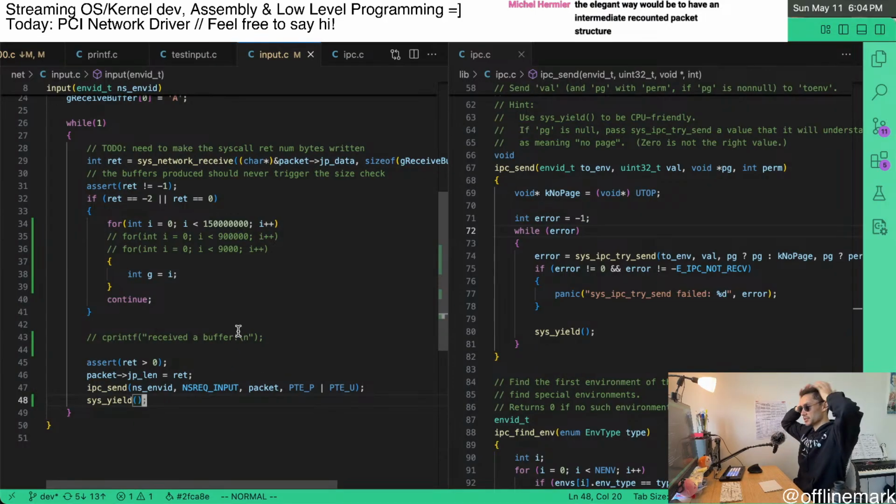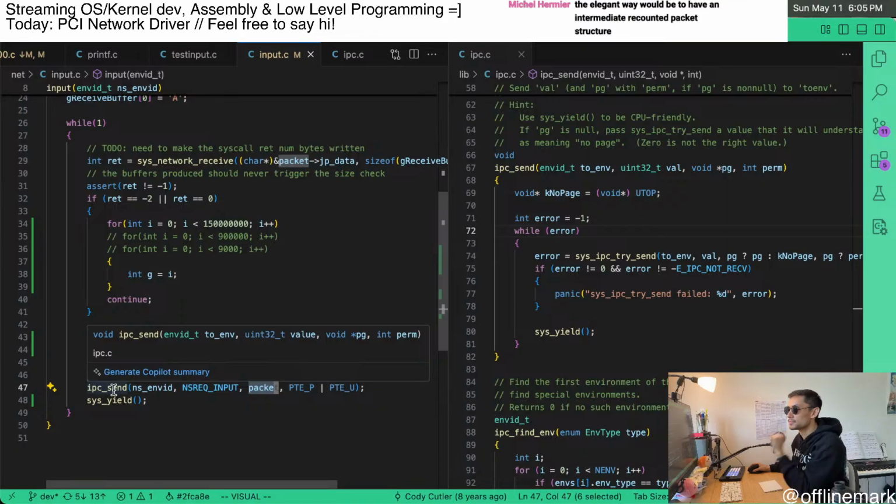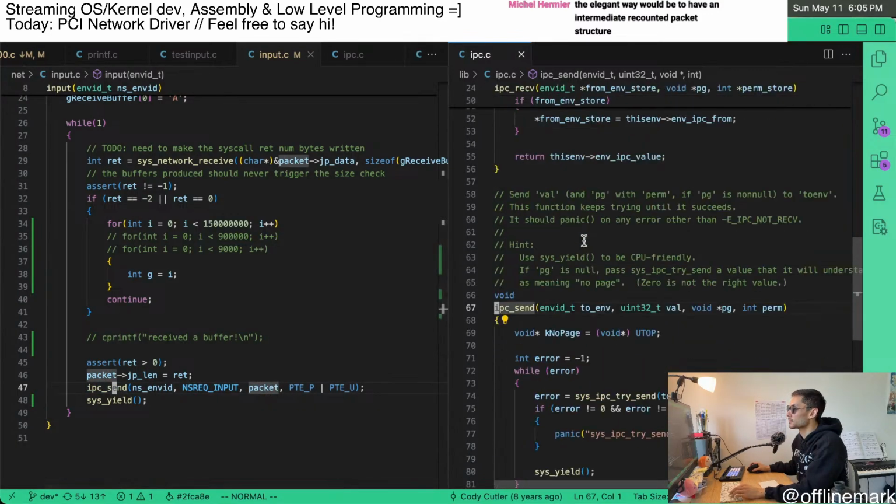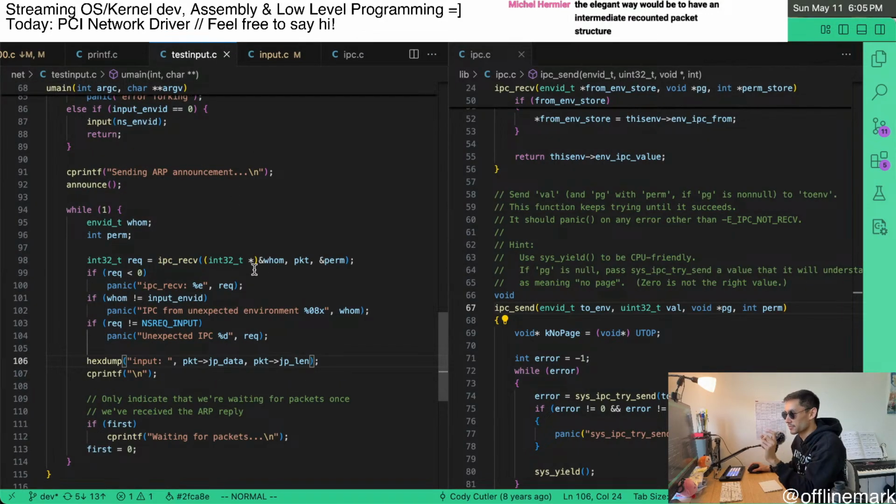I think the problem is there's just no synchronization here. I'm also just clarifying and trying to remember a bit of these details.